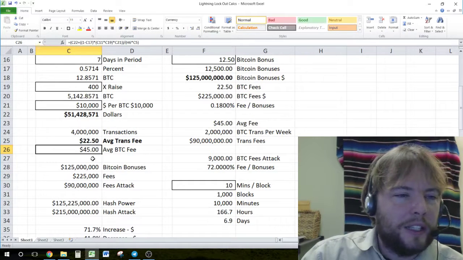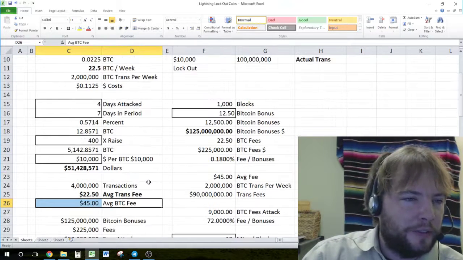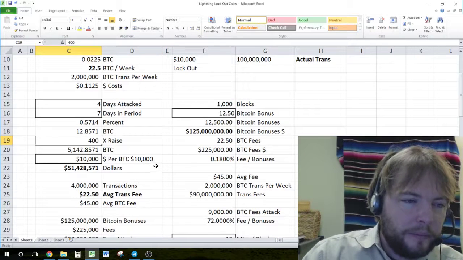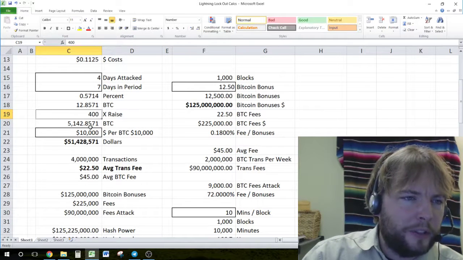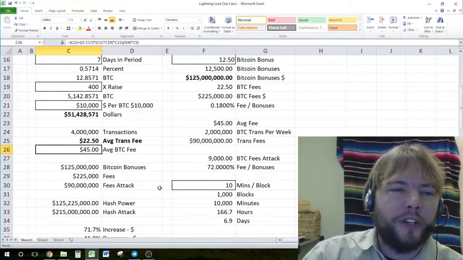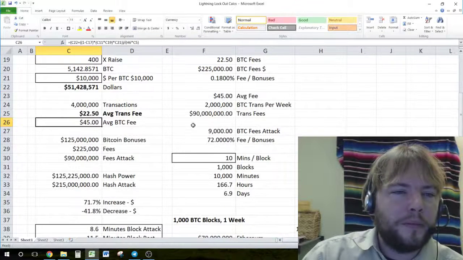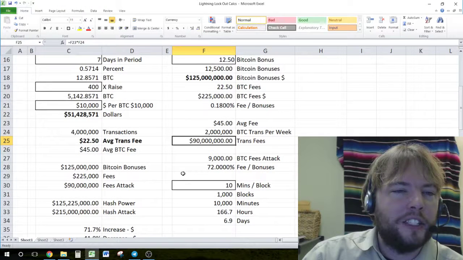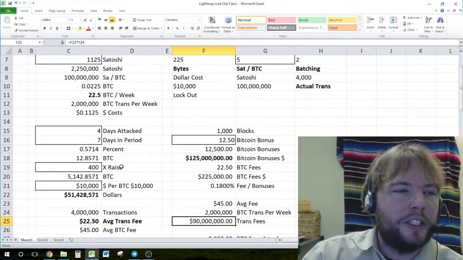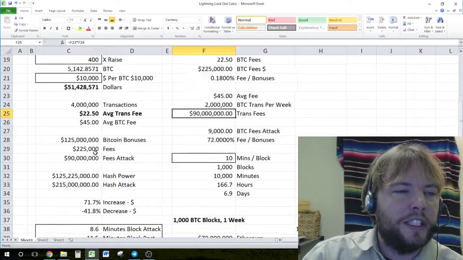Okay, so that's why average Bitcoin transaction fee is important. So here the person is raising the Bitcoin fees roughly 400 times to $45. This causes the transaction fees for this week to escalate substantially.